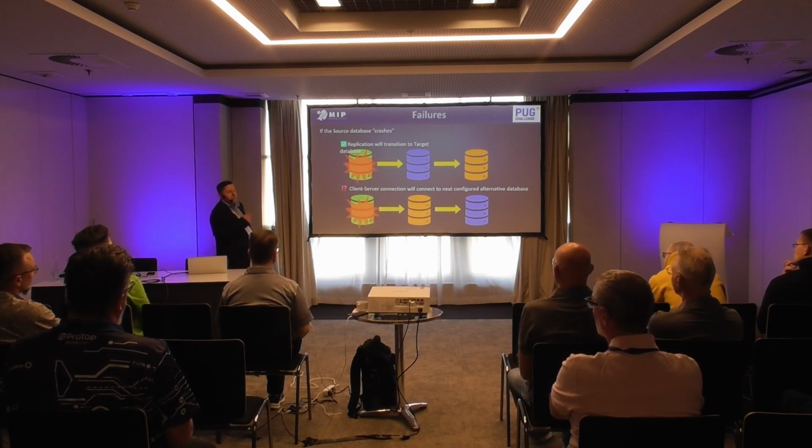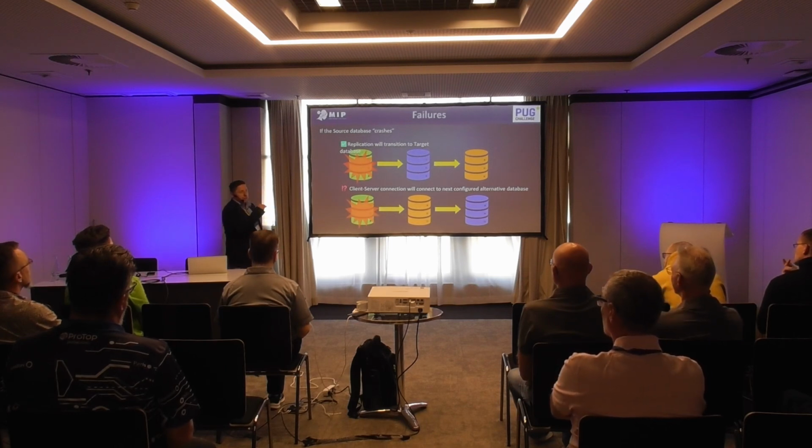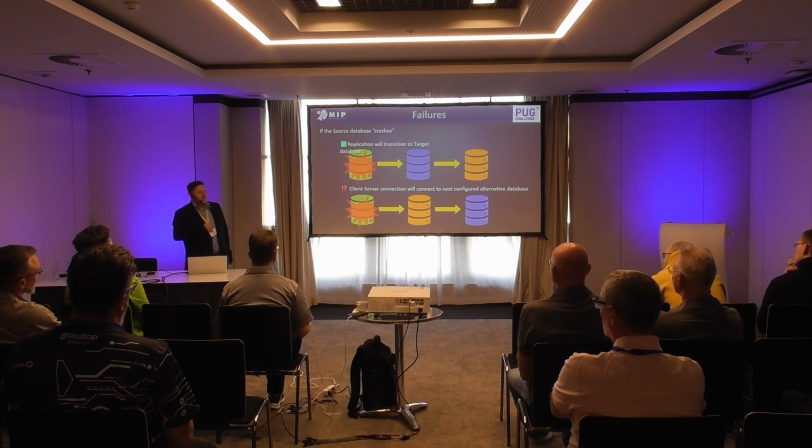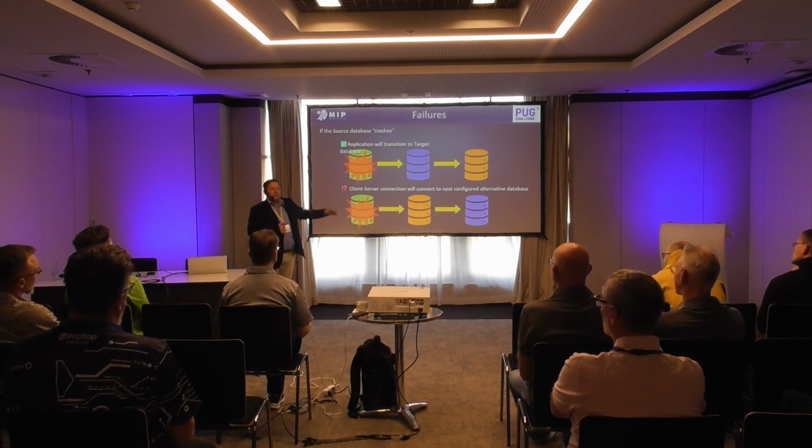Your alternate DB doesn't follow the source database; it follows the list of connections that it's set up. So when you do set up your transitioning or your database replication and your alternative DB connections, make sure you align those. Because you want to make sure you go to the right database.